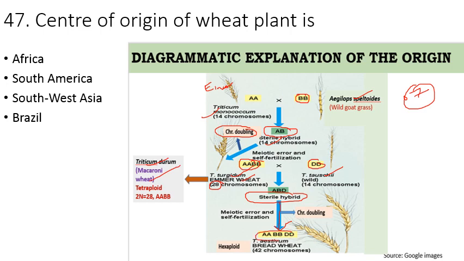That leads to chromosome doubling and the production of this modern day wheat, which is hexaploid, with chromosome number 6n equal to 42. Hexaploid wheat, chromosome number 42, is the common bread wheat.